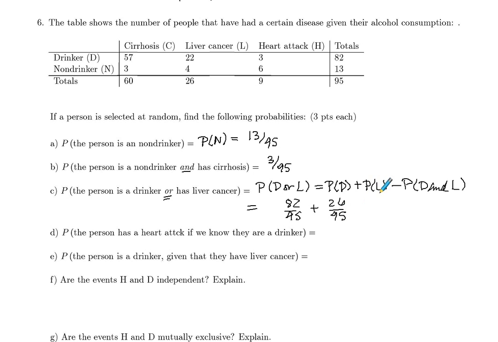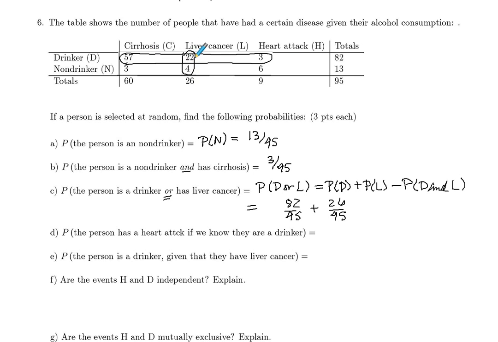So that's this one. And then subtract out what got double counted. Okay, so the 82 that were drinkers here. And then we had the folks diagnosed with liver cancer. We're right here, 26. Okay. And notice that 22 got counted twice, once for the row and once for the column.